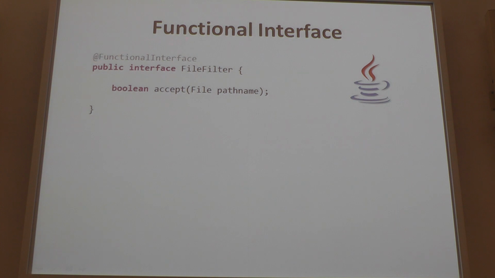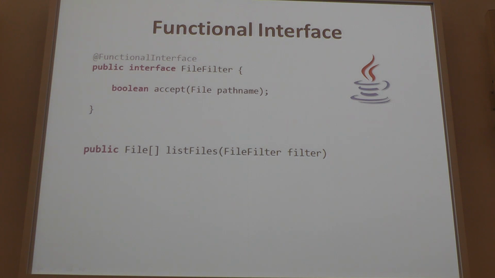The only new thing here is this annotation, FunctionalInterface, and this is not required to be there for it to be usable as a functional interface. But if you add a new method to this interface, it will not compile. The compiler will tell you that you cannot put this annotation on an interface that has two methods. So it's like the Override annotation. By putting this, you're saying it is meant to be used as a functional interface.